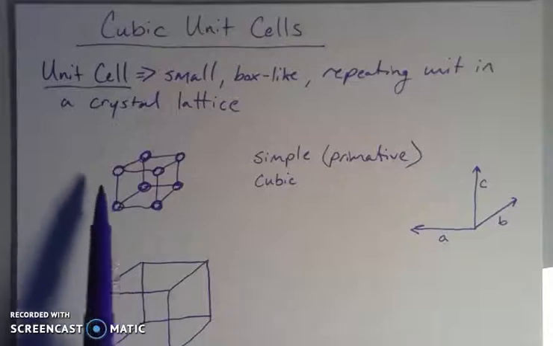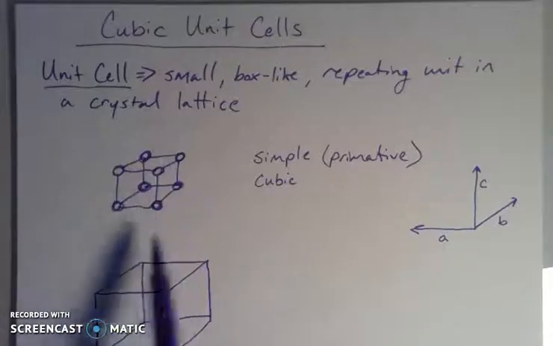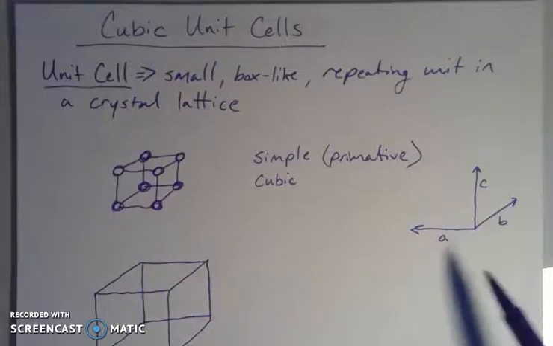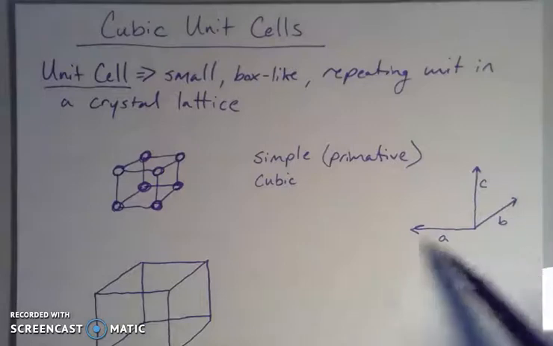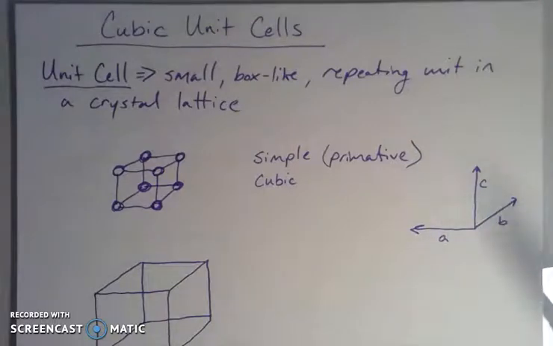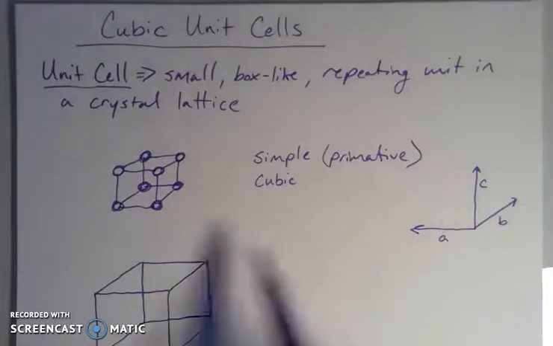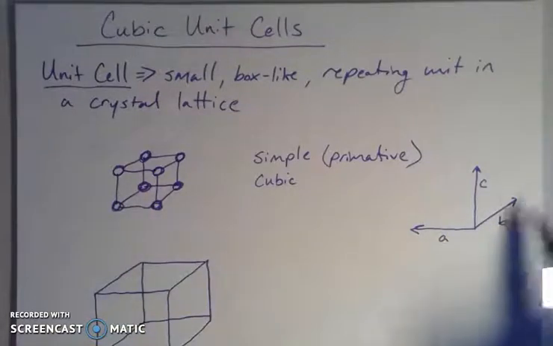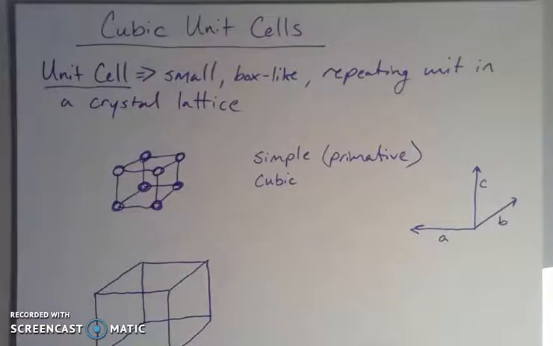If we think of having an atom or an ion at each of the corners of the cube, then that's going to be a simple cubic unit cell. When we're looking at unit cells, we usually think of the three-dimensional axes, and if we place this right at this front corner where this atom is, then we can label everything from there.